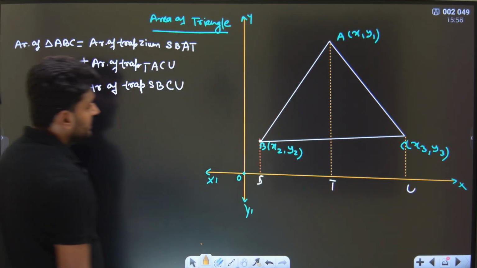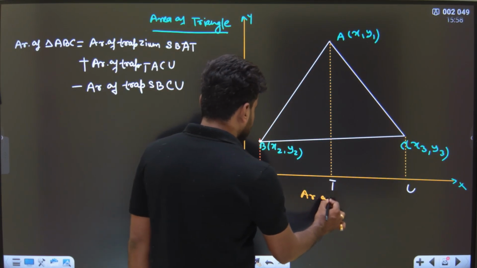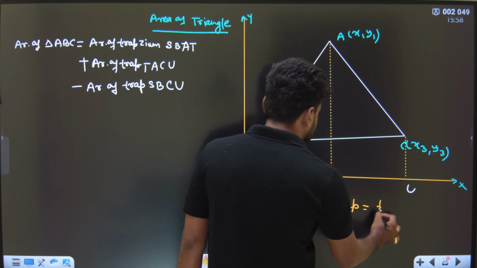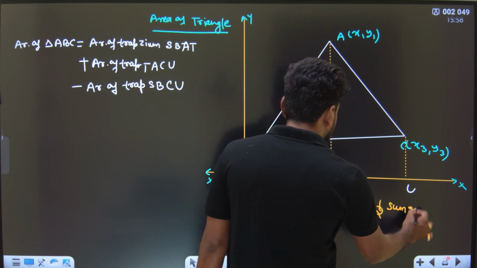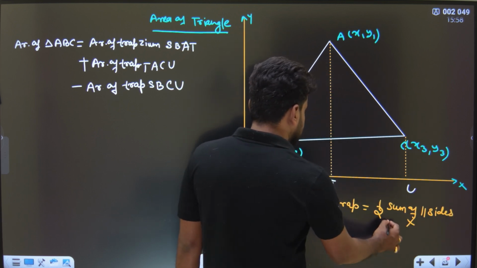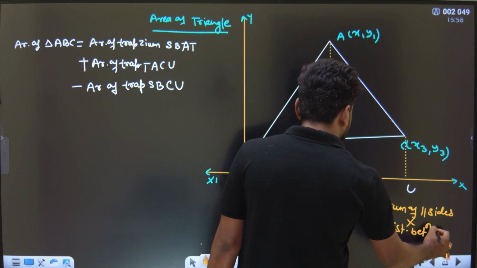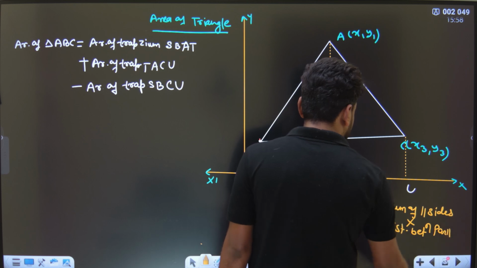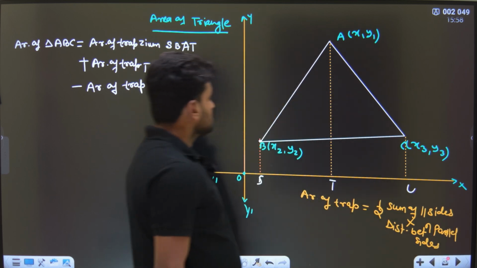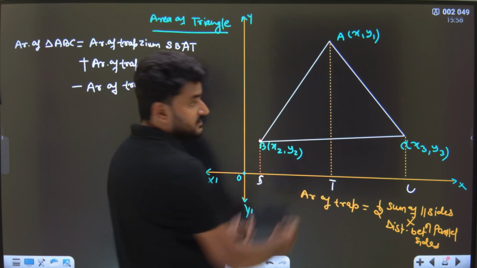So for the area of a trapezium, you know the formula. Yes, it is half the sum of the parallel sides into the distance between the parallel sides. So here you can see the parallel sides are BS and AT.